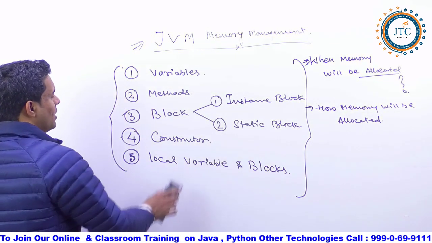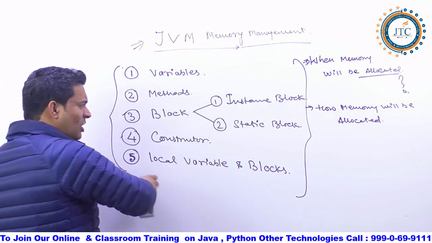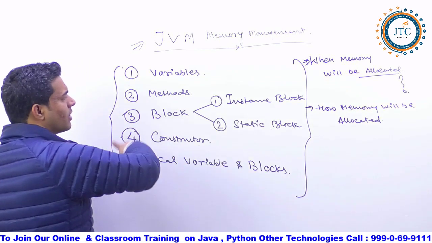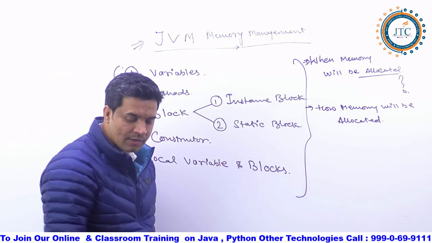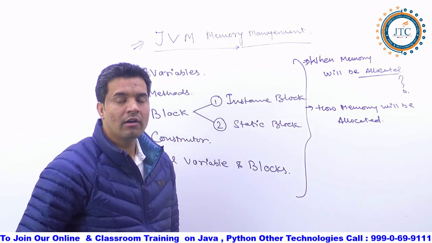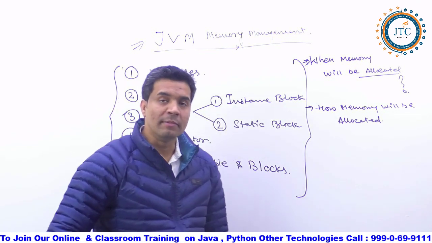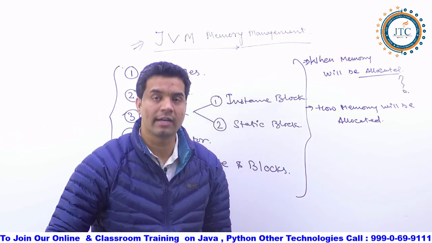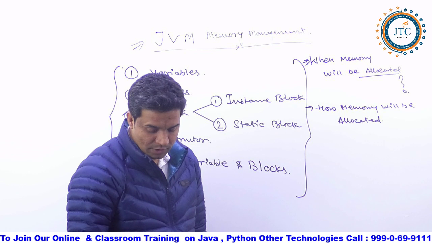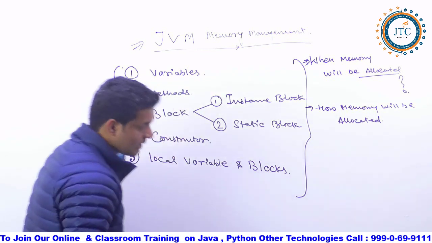We will discuss each one of the members I have written here, and based on that we will see how, when and in what way memory for all these corresponding things is allocated.